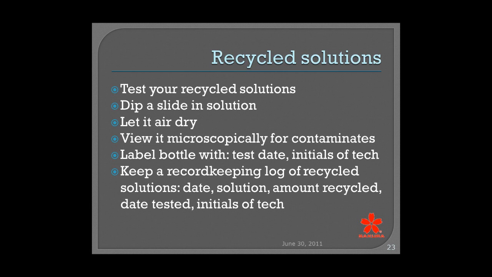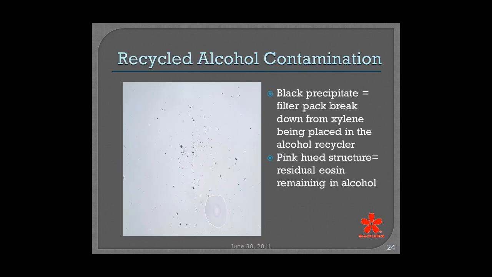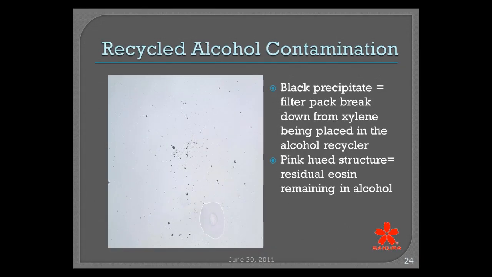And of course, we have our record-keeping logs of the recycled solutions that give the date, the solution, the amount recycled, the date it was tested, and the initials of that tech. Here we have a picture of contaminated recycled alcohol.